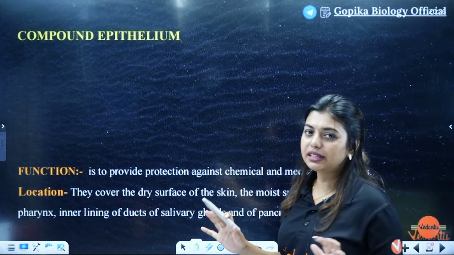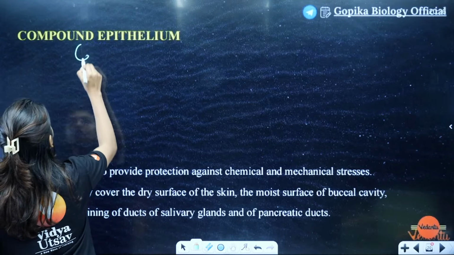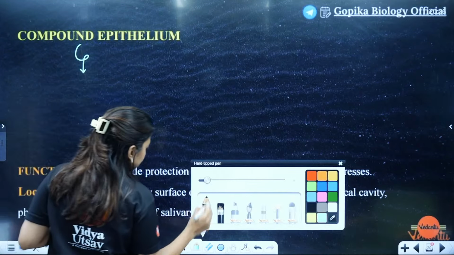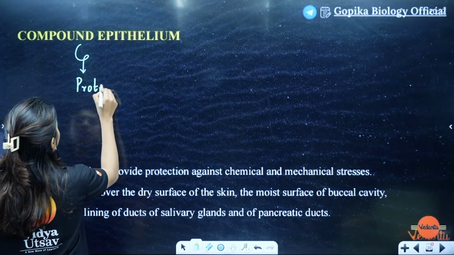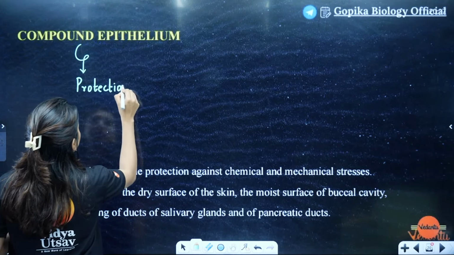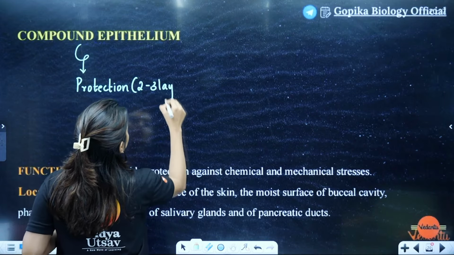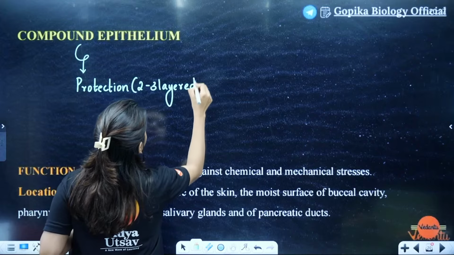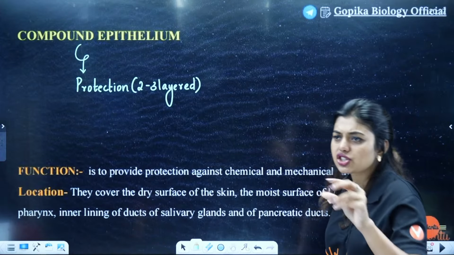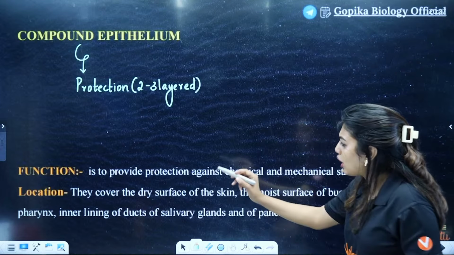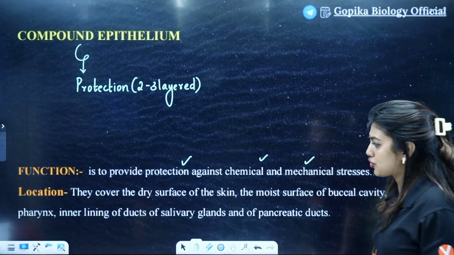Now, compound epithelium, students, nothing much you have to learn. Just remember that we use it for protection. Why? Because these are multi-layered, two to three layers. So obviously we use them for protection, mainly, but they also do other functions slightly. The function is to provide protection against chemical and mechanical stress.